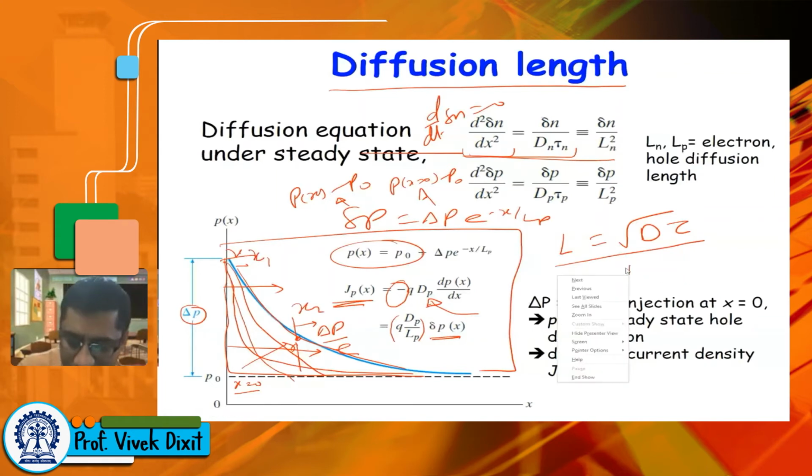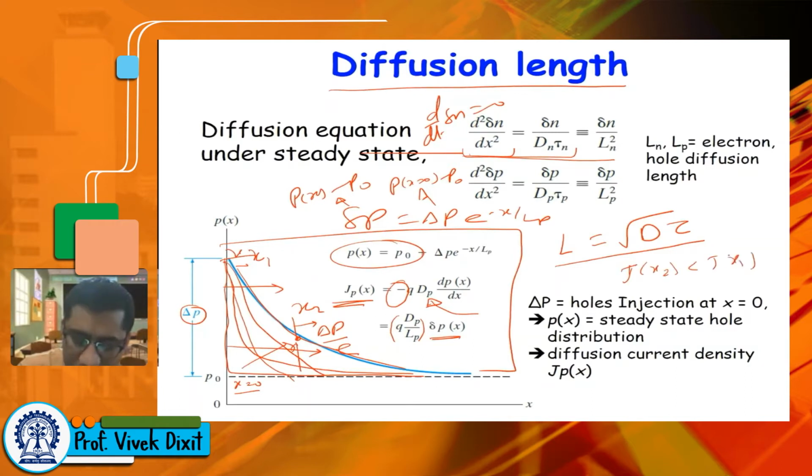So J at x2 is less than J at x1. This current is due to holes. Now in between, what is happening? These extra carriers are recombining. So these carriers are propagating under diffusion and they are recombining.